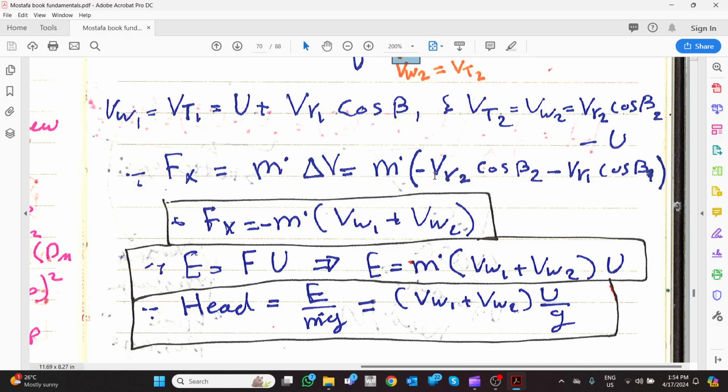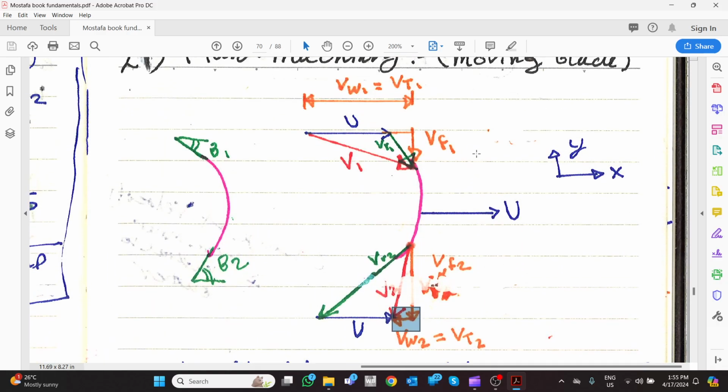So it will be minus relative velocity 2 cosine beta 2 minus relative velocity 1 cosine beta 1. Why is it minus and minus? I know it is delta, so this minus I know. Why here is there a minus? It's simple.